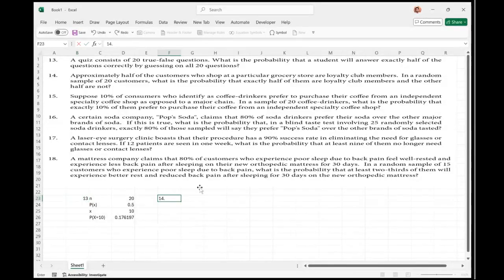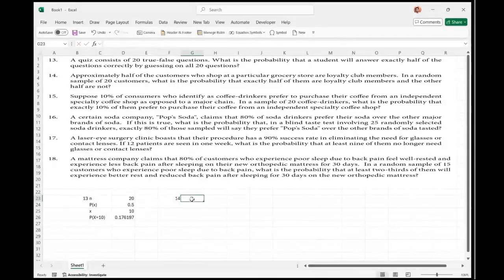Question 14. Approximately half of the customers who shop at a particular grocery store are loyalty club members. Just quickly, let me check if I am recording this or not. Yes, I am. So let's continue to the question. So half of them are loyalty club members.